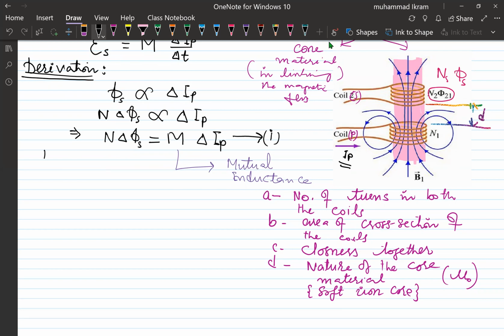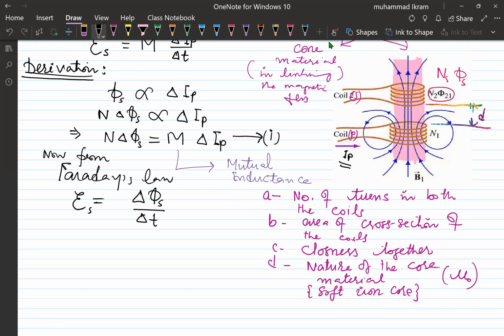Now from the Faraday law, what does the Faraday law tell us? The Faraday law states that the induced EMF in the secondary coil is directly proportional to the rate of change of flux through the secondary coil.